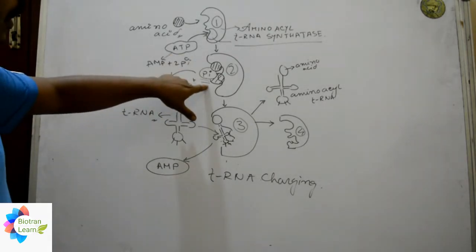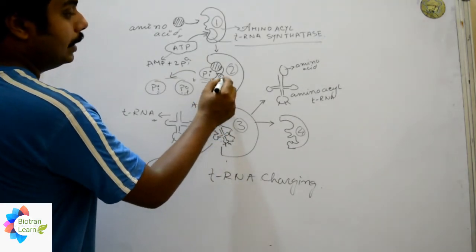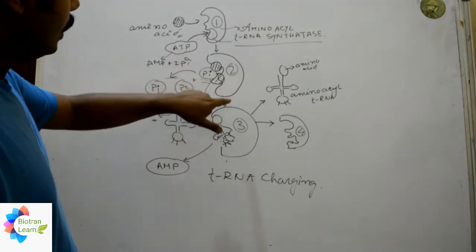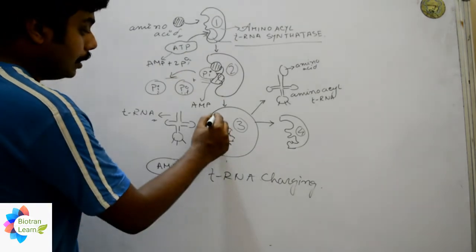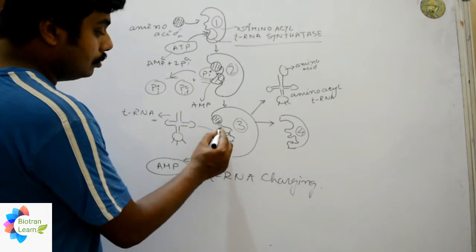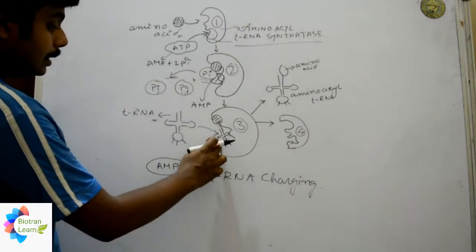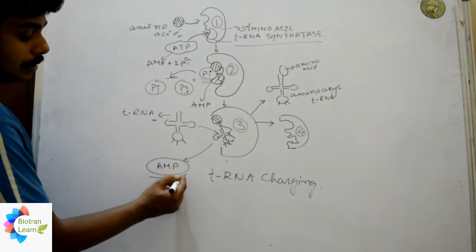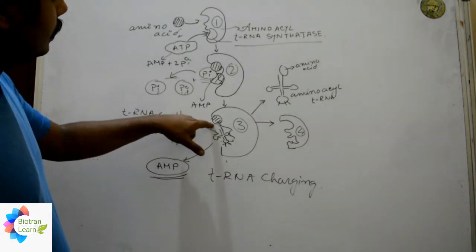But only the AMP section, adenosine monophosphate, binds to this particular amino-acyl tRNA synthetase, and it helps to retain the amino acid molecule. That amino acid molecule on further activity will bind to this tRNA, and this tRNA will take the place of AMP.